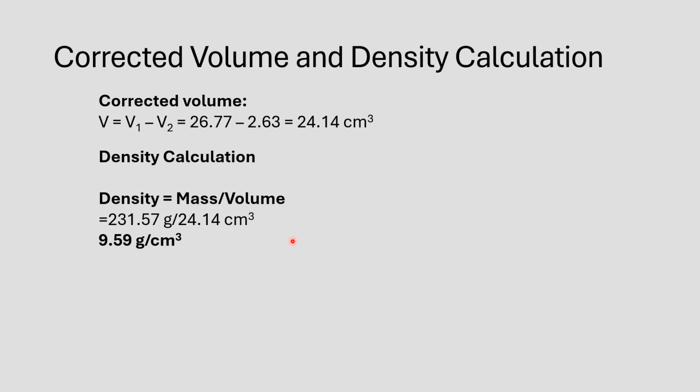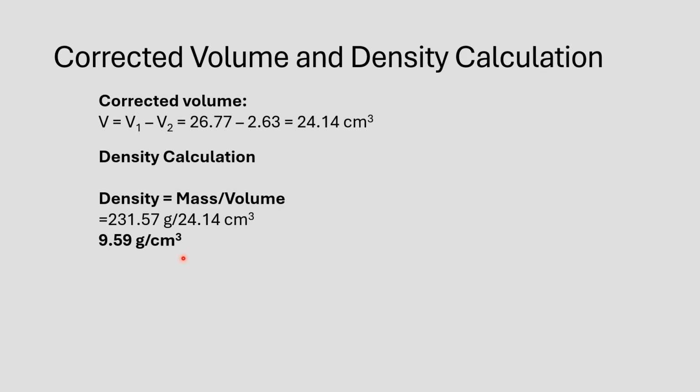So our density calculation is mass divided by volume. The mass was 231.57 grams, and we divide that by the revised volume of 24.14 cubic centimeters. That gives us a density of 9.59 grams per cubic centimeter.